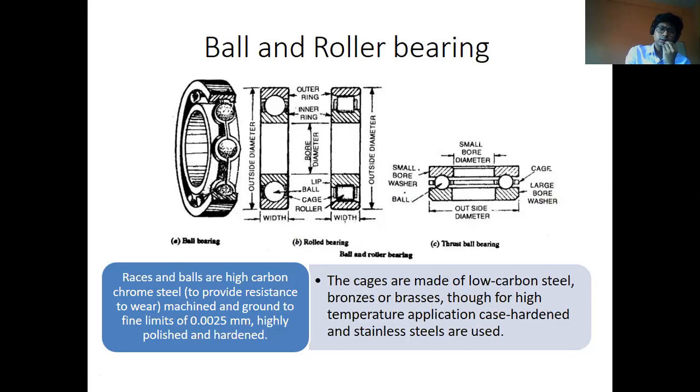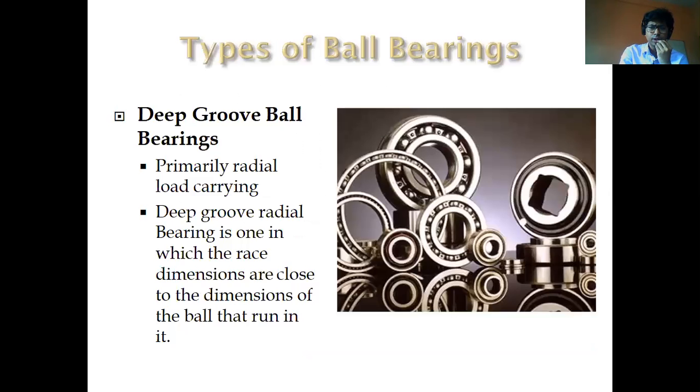So this must be high chrome steel. The cage is made up of low carbon steel and bronze materials, because the cage only supports the balls. Maximum load is borne by the ball or roller, so it must be a high strength, high corrosion resistance material.